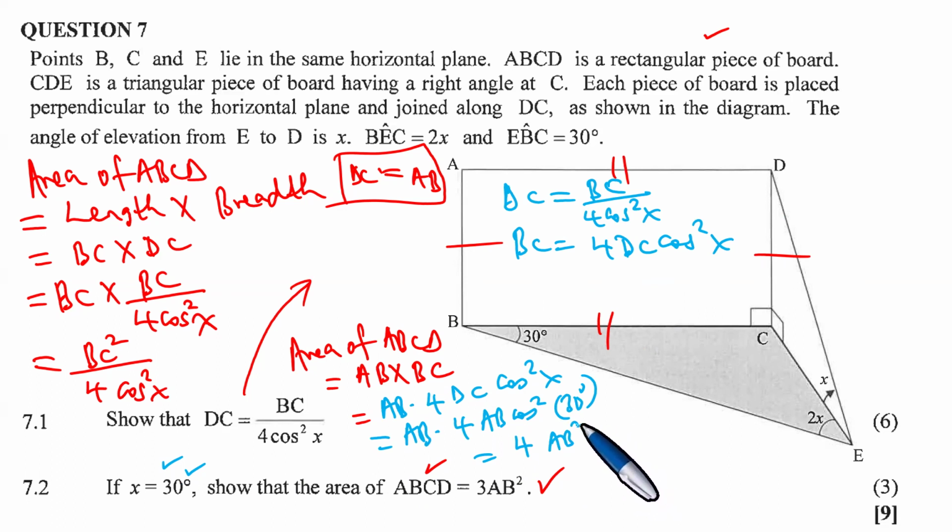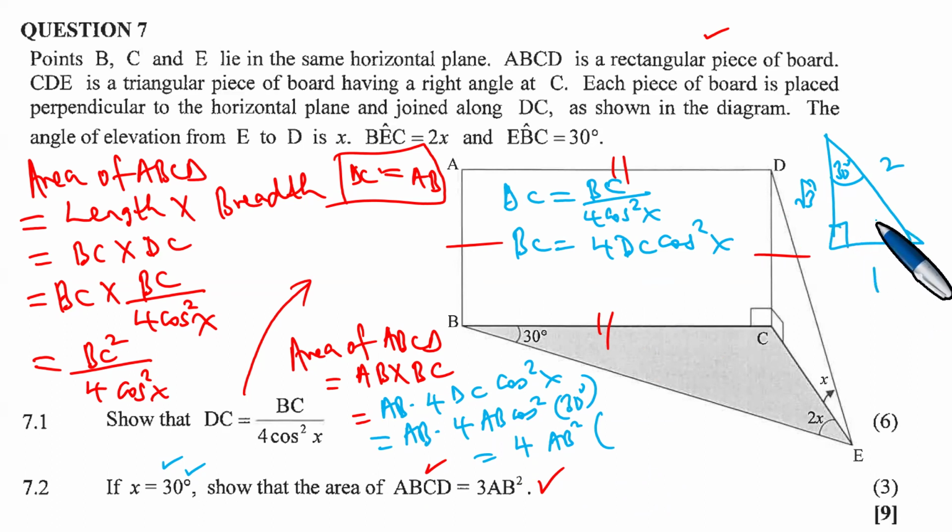Right, so we have this. What is cosine 30 degrees? Now you remember the special triangles. This one is 30 degrees, square root of 3, 2, 1, 90 degrees, 60 degrees. So cosine 30, SOHCAHTOA. So the cosine of 30 degrees becomes exactly what?